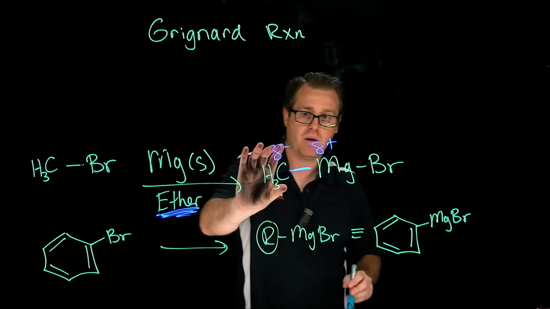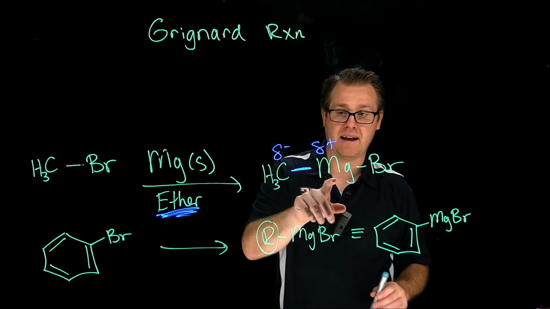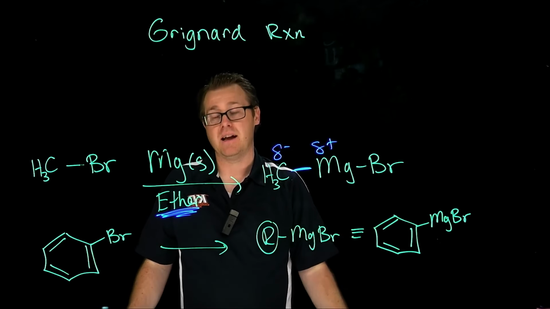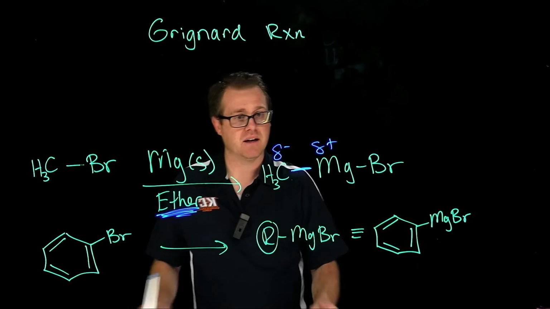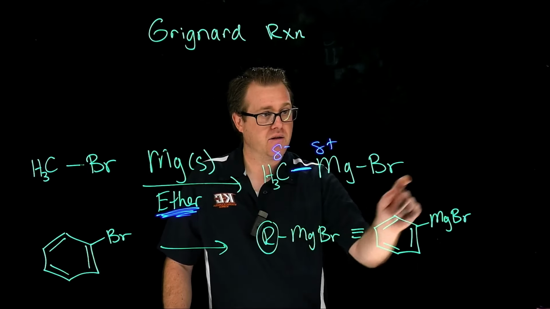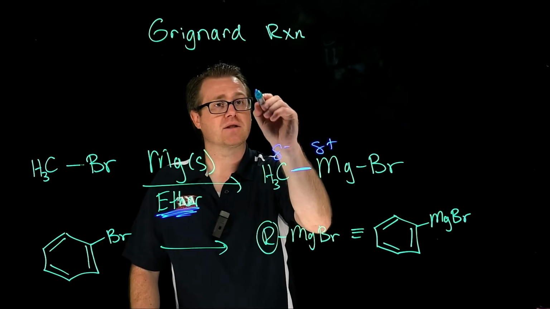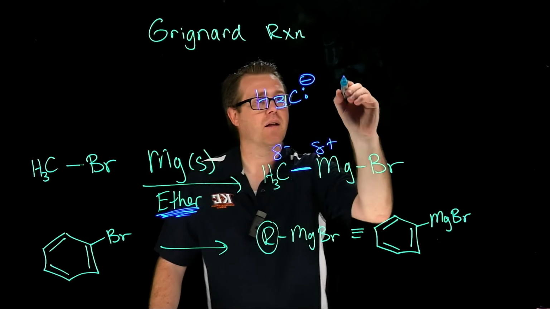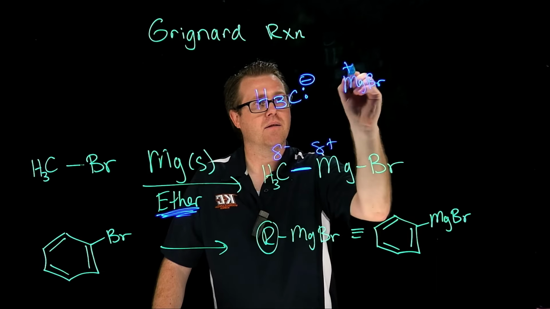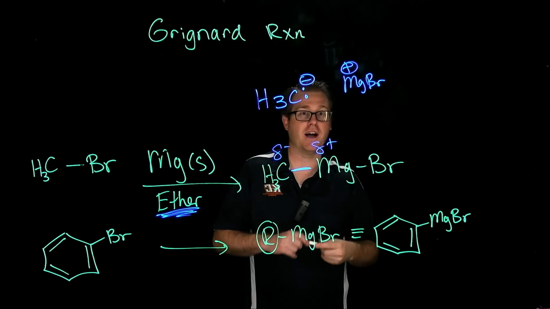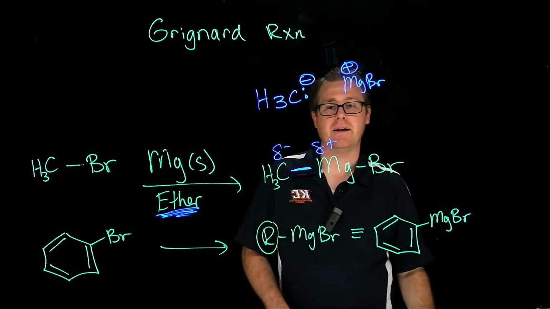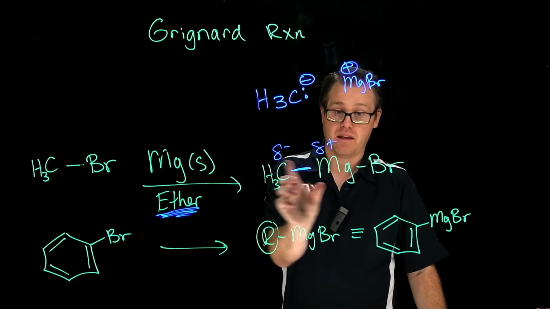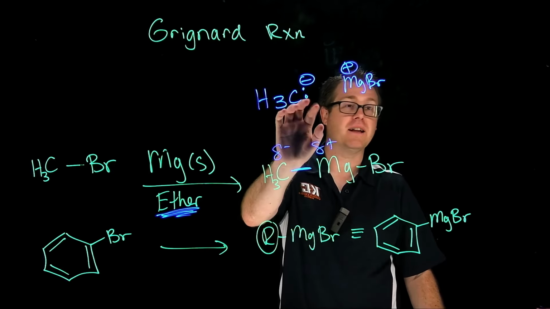And because it's more electronegative than magnesium, what we can say, and this is just to simplify the process, is that this Grignard reagent more or less looks like this. Okay. That's not entirely true, okay? But we can kind of just visualize this reagent looking like this.